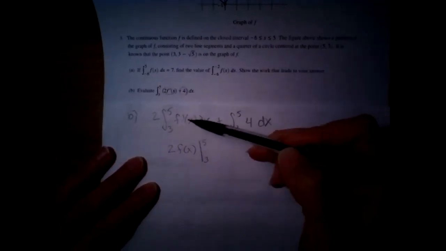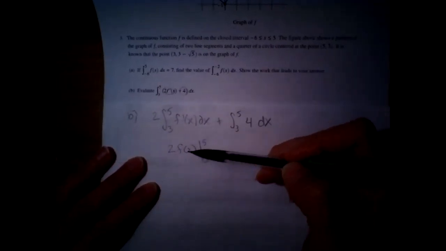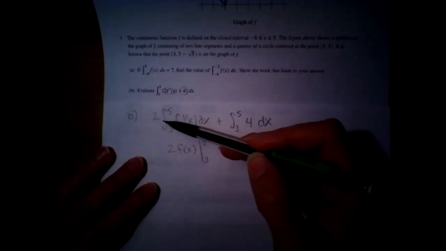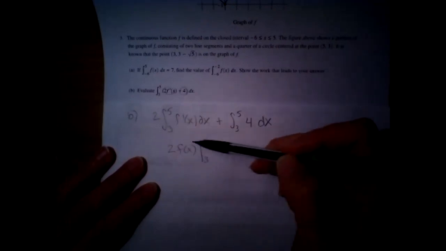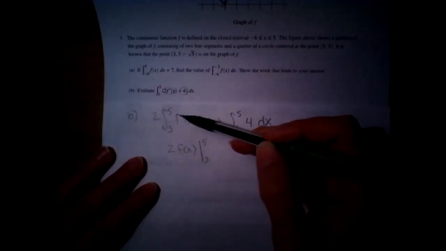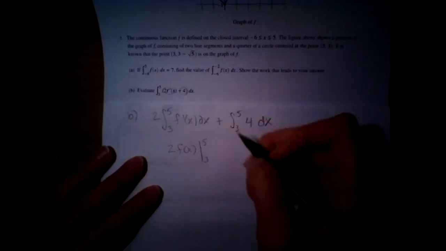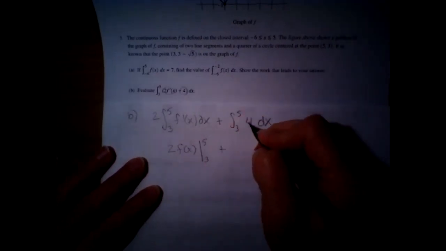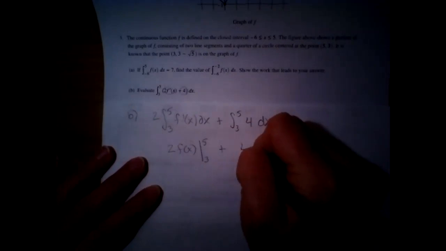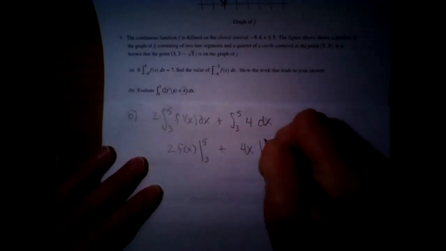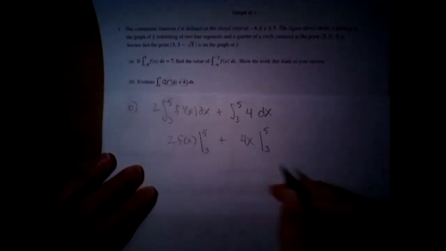You can think of it as the antiderivative of f prime is f. I like to think of the derivative and the integral canceling, their inverses. You could think of it as the derivative of this gives you this. Either way, that's what you're going to get there. Plus, the antiderivative of 4 is 4x, from 3 to 5.